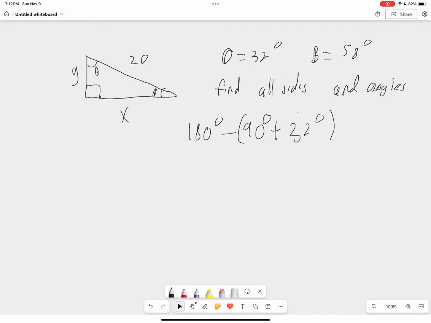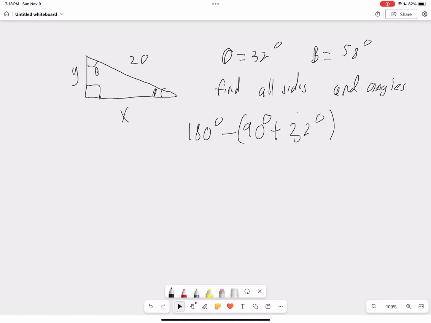So now let's go ahead and solve for y. In the other problem, we were only solving for one side, but recall that if you have at least one angle and one side, you can solve for everything. But if theta and beta here were both unknown, I'd need to know at least 2 sides, not just the one they gave us, which was the 20, the hypotenuse.